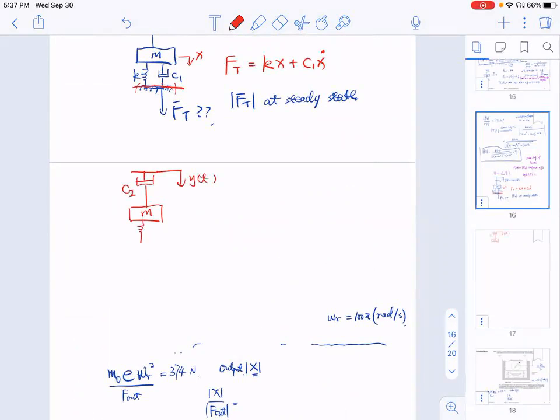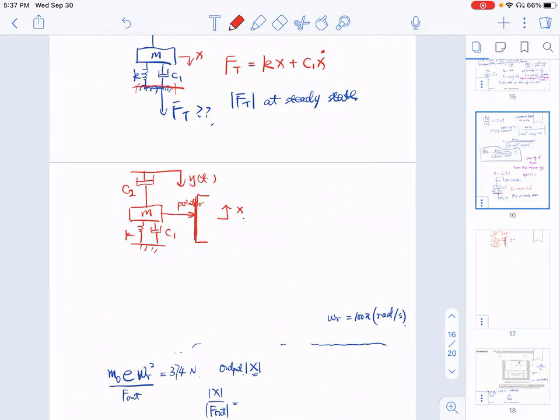I can use the exact same problem, but in this case, you're going to have a pointer, and your pointer is moving up and down. That would be the displacement in this case, so your output is displacement.